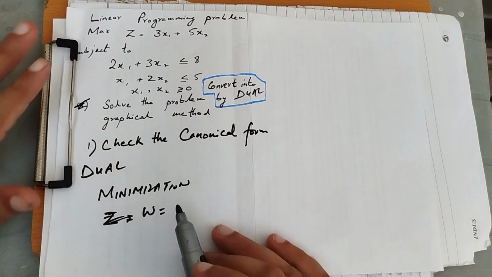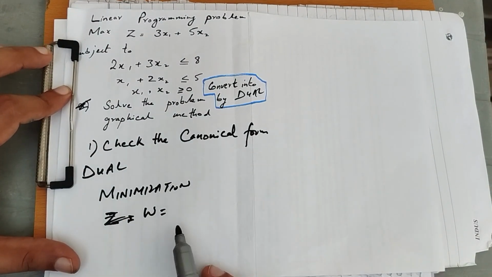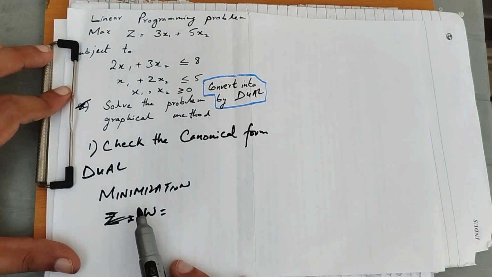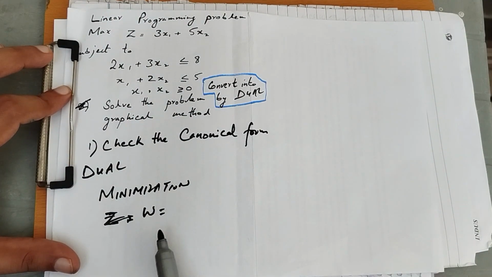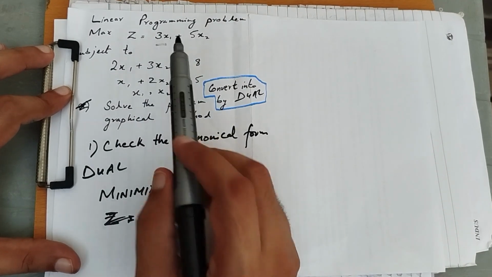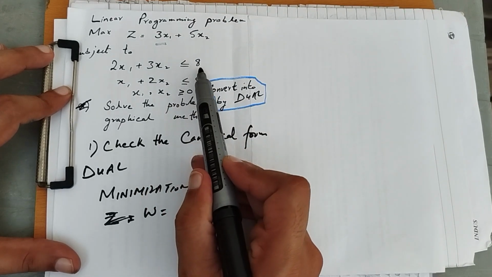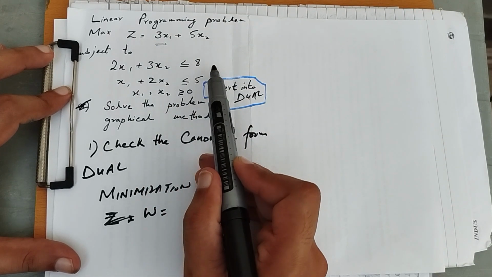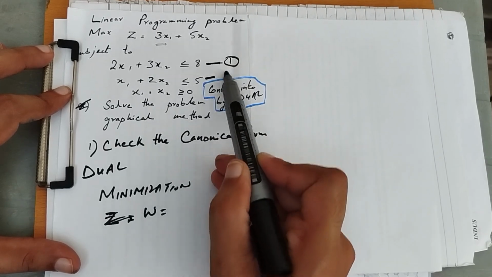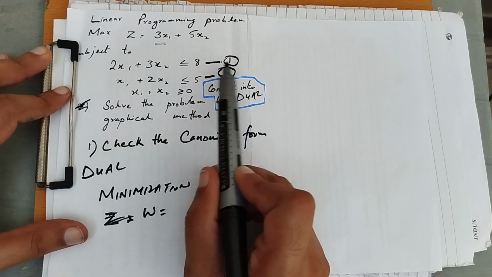So you see, in the minimization, we have to convert the maximum into the minimum one. W is there instead of z. It is a minimum function instead of a maximum function. So instead of 3, the coefficient of the objective function, we will be using 8, the right hand side of the first constraint.